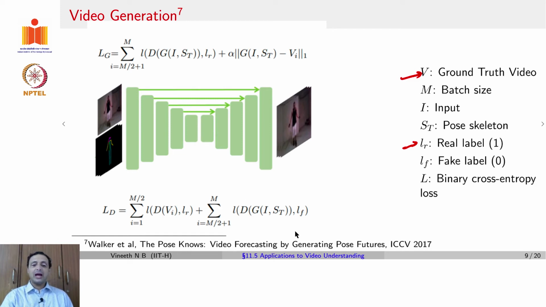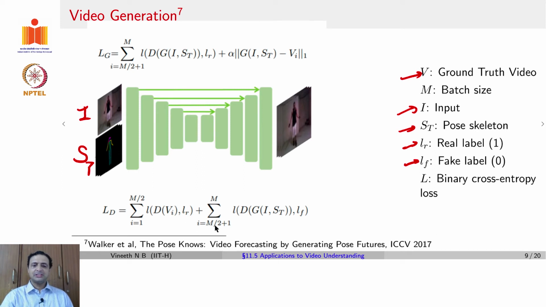And on the other hand, we'd like the discriminator to consider the generation of the input, and ST denotes the pose skeleton, I denotes the input, this is input and this is ST, the pose skeleton. Given these two, the generator generates the future frames and the discriminator's job is to give that a fake label.